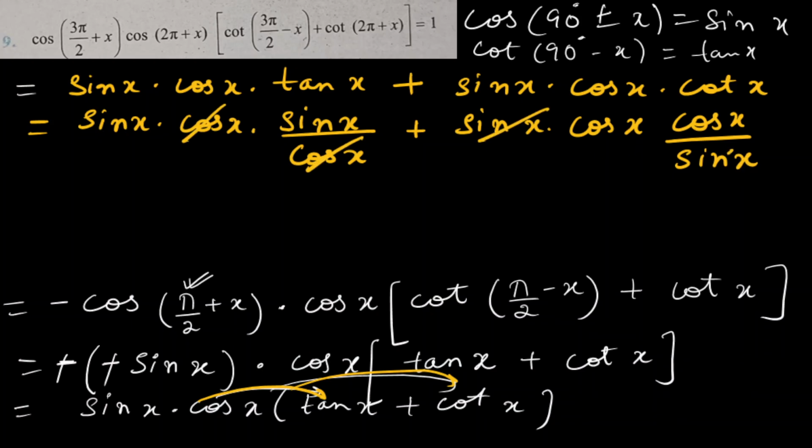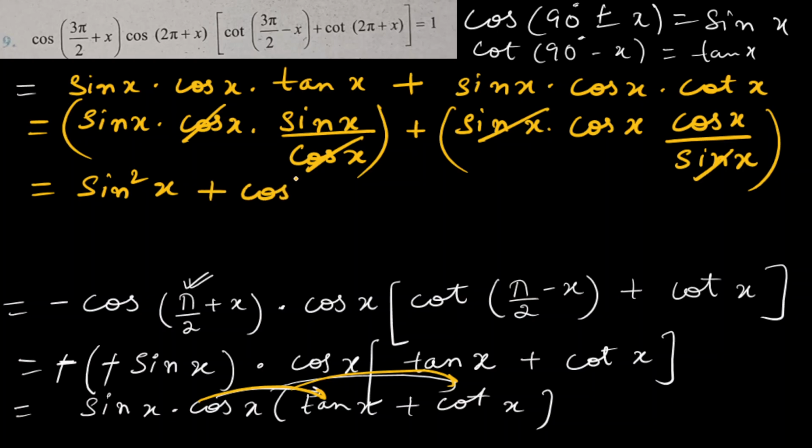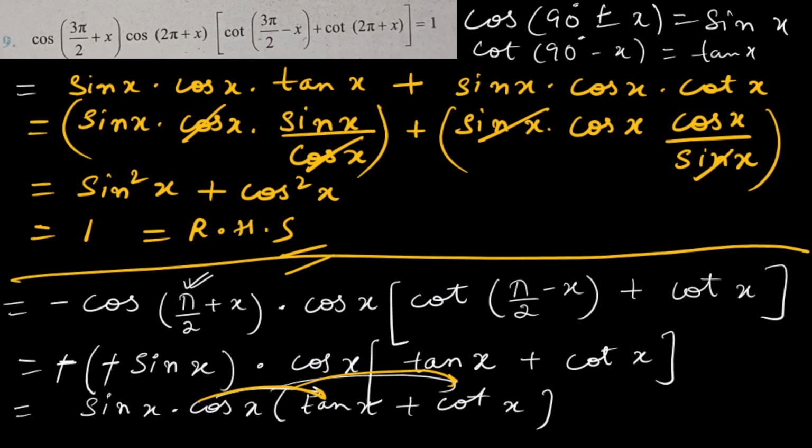Here sin and sin will get cancelled because these are separate terms getting added. Now sin into sin is sin square x, plus as it is, cos into cos is cos square x. So square relation we know sin square x plus cos square x is equals to 1, which is equals to right hand side as well. So hence proved. I hope you have understood.